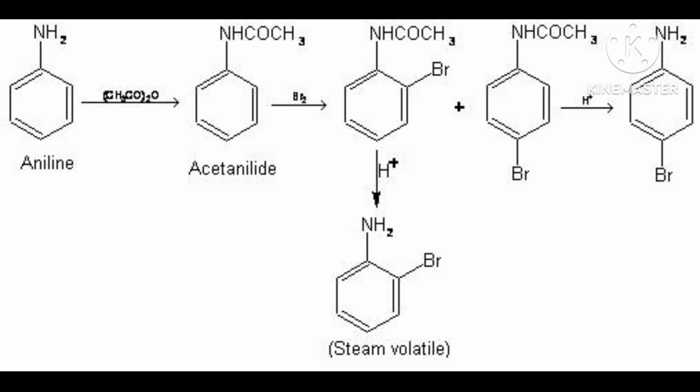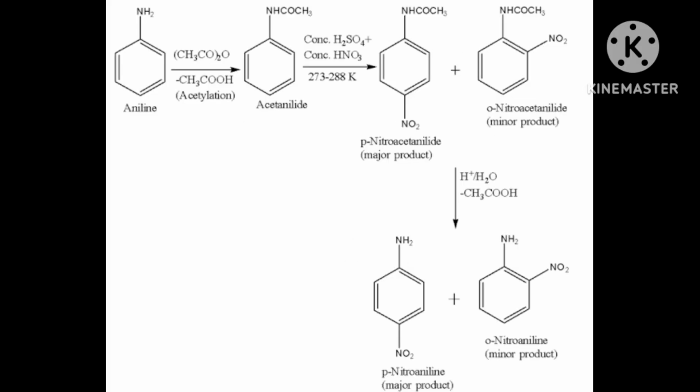How NO2 is joining the benzene ring, I have told you. The main thing I have discussed. Direct nitration of aniline yields tarry oxidation products in addition to nitro derivatives.